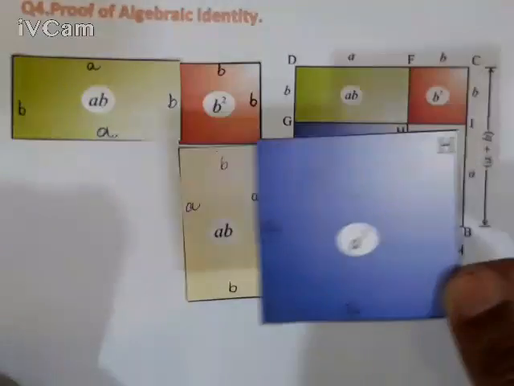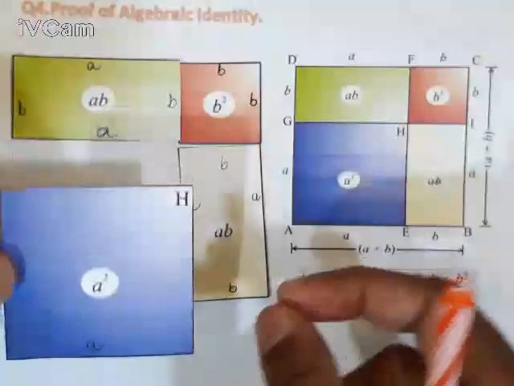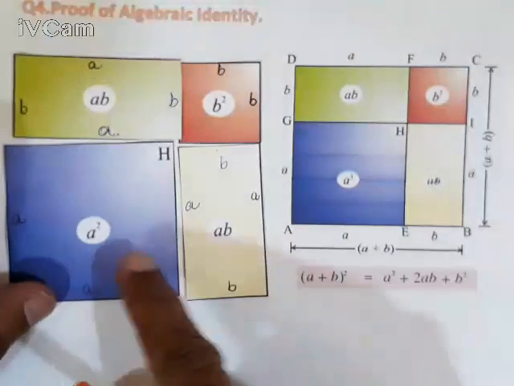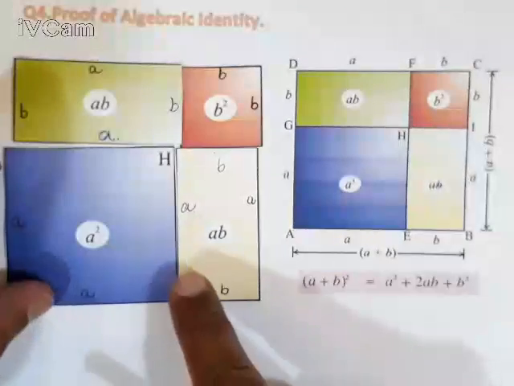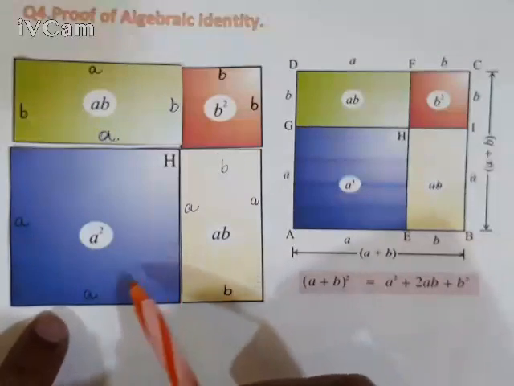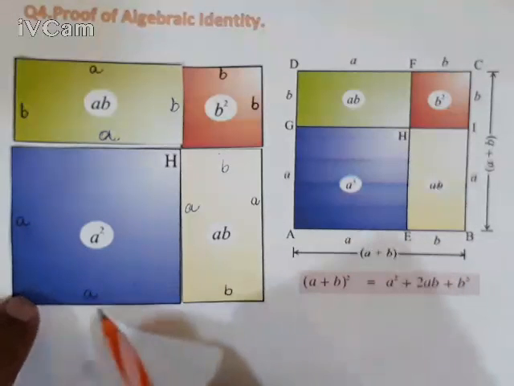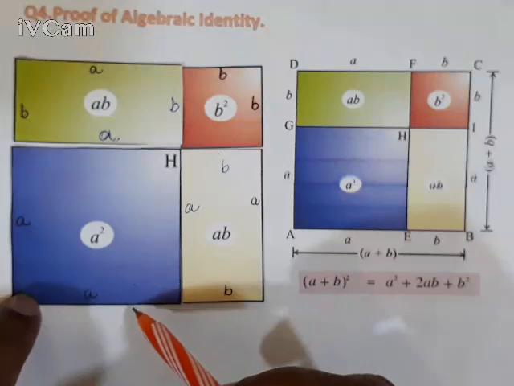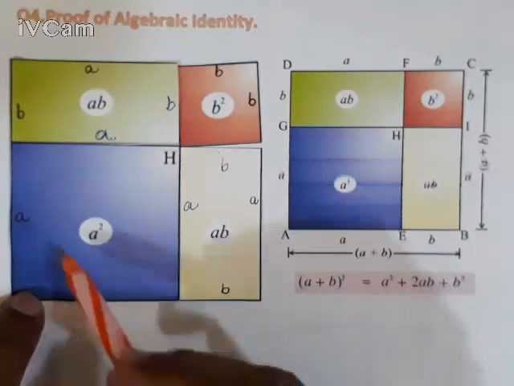Now the last one is this big square. When we cut this big square and paste it over here, this is a square, and if it is a square we know that its length and width are both the same. So this is a and this is a.